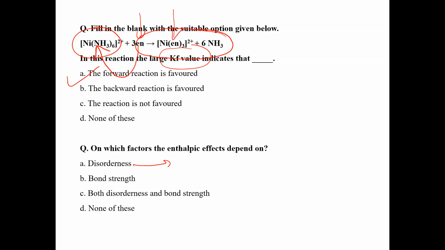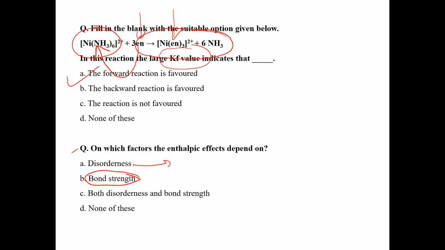And what about the bond strength in the second one? I have already indicated that disorderness is related to entropy. If there is an increase in randomness or disorderness in any complex, you will get the entropic effects. But the enthalpic effect is related to the bond strength.